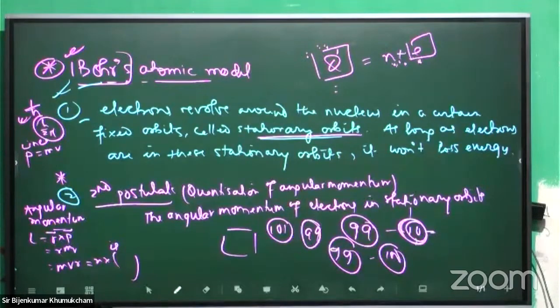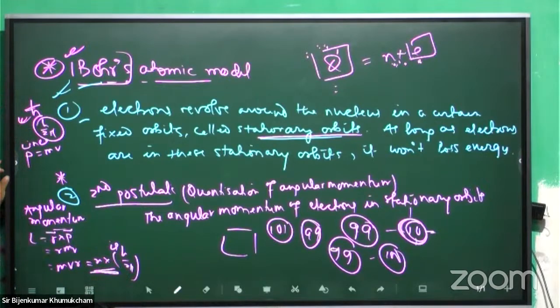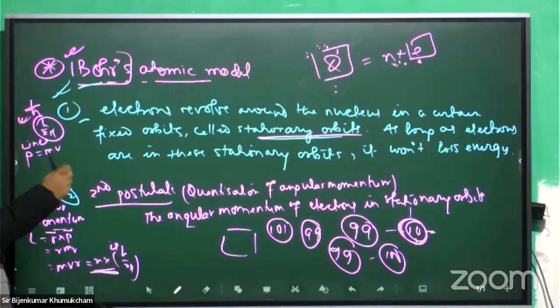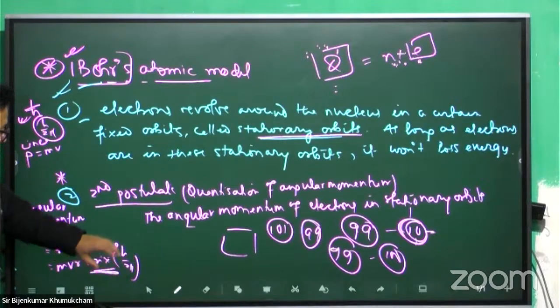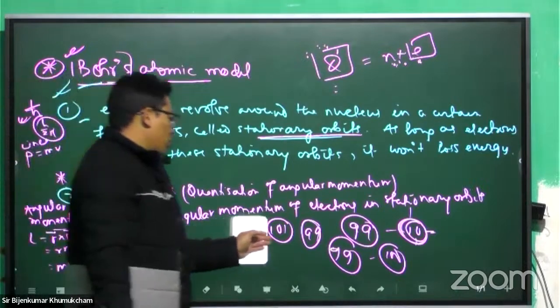So whatever angular momentum of the electron in that stationary orbit, it will be an integral multiple of h by 2 pi. This is called the quantization of angular momentum.